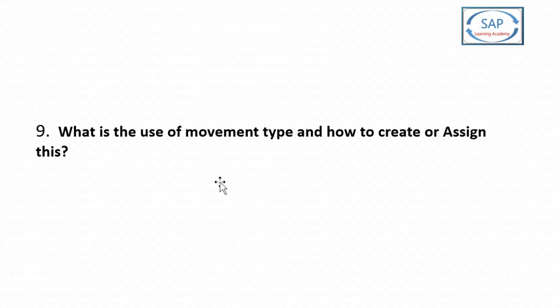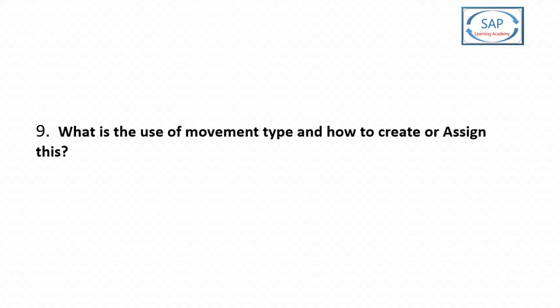Movement type is a term that is used for any kind of goods movement within the company, like when goods are received in the warehouse or when they are issued. For each and every transaction, a goods movement type is assigned. And how is it created? There's a Tcode called OMJJ. Using this Tcode, you can create the movement type and use it for your internal purposes.